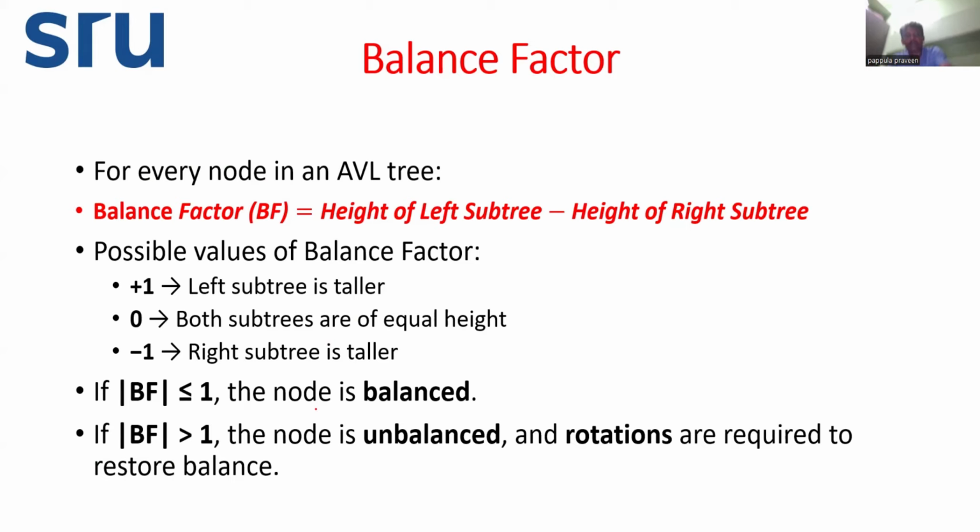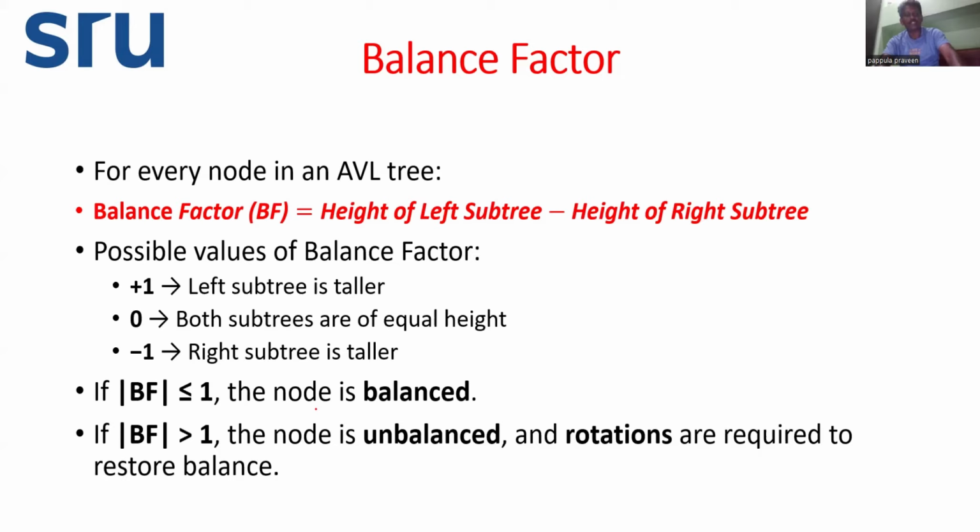The possible values of the balance factor are +1, 0, and -1. Left subtree taller is +1. Both subtrees of equal height is 0. Right subtree taller is -1, because it is HL minus HR.